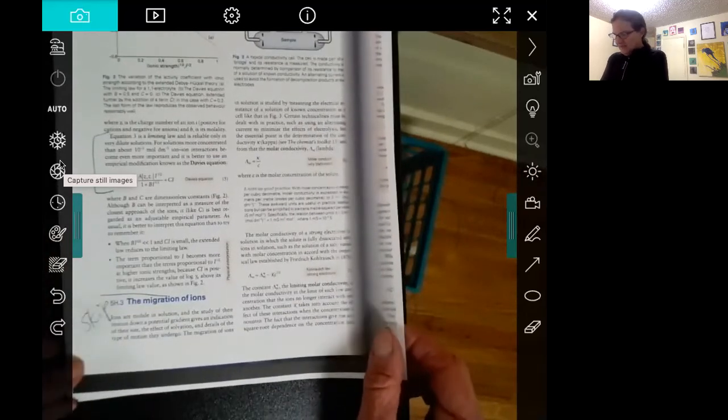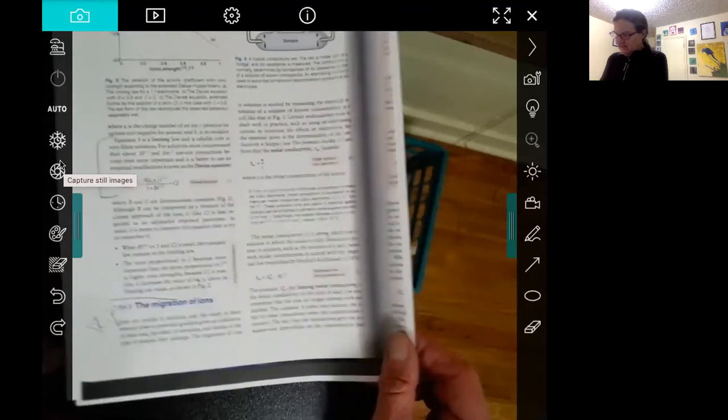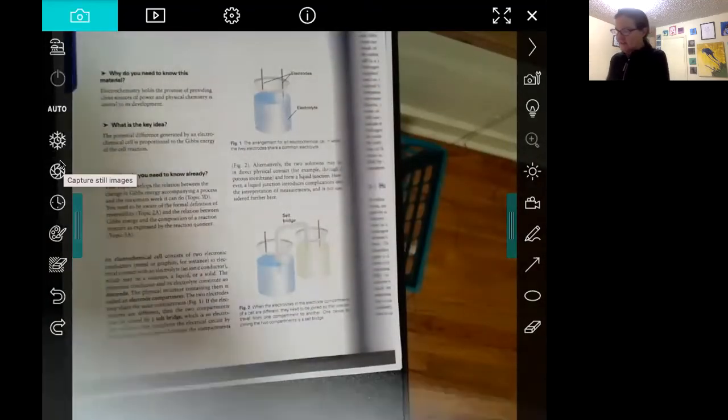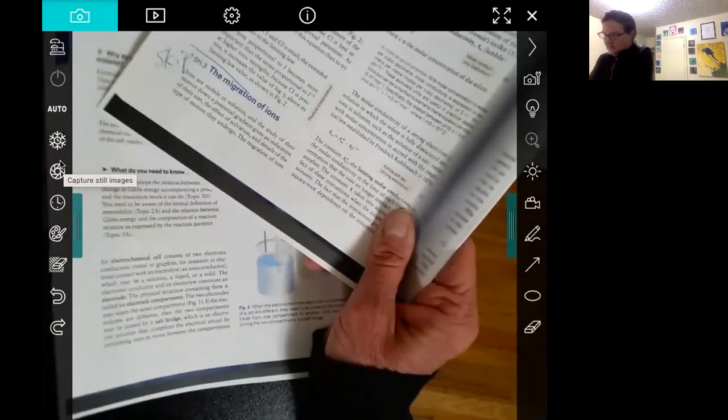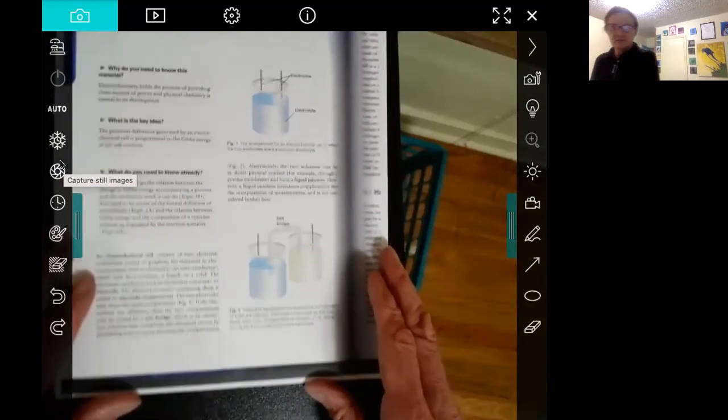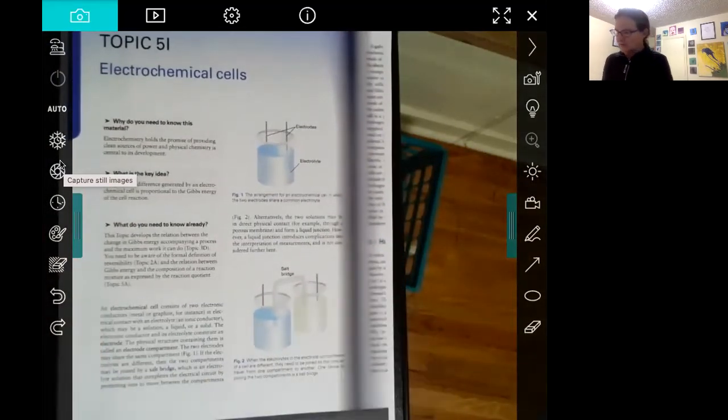You can skip this 5H.3. That's talking about how ions move, and we won't have to worry about that. All we're going to have to worry about is being able to determine what an activity is for a solution in order to relate it to a cell potential. So our last 2 sections deal with the application of equilibrium to electrochemical cells, and we'll do those soon today.